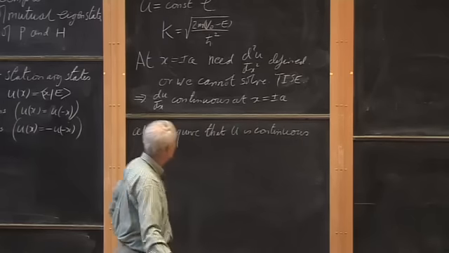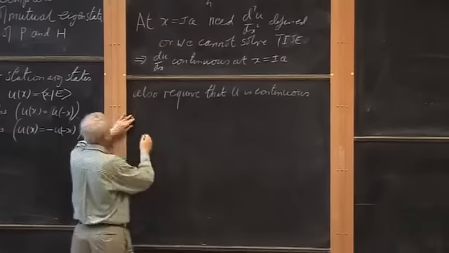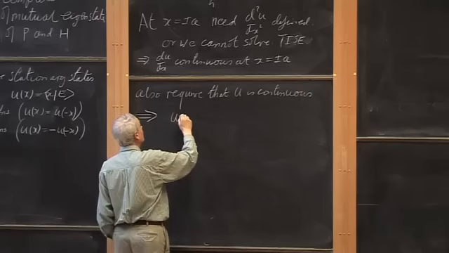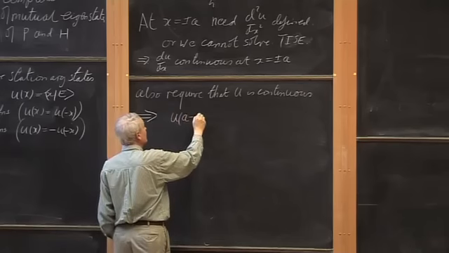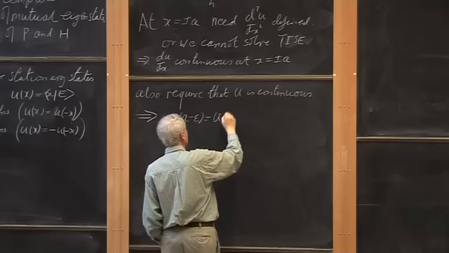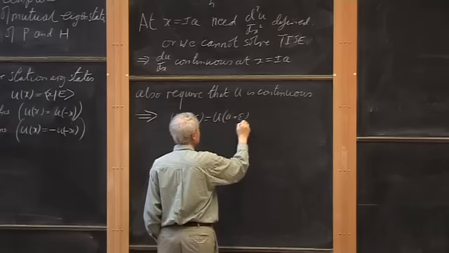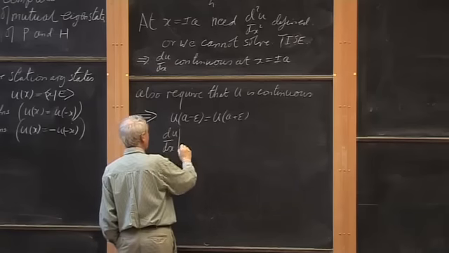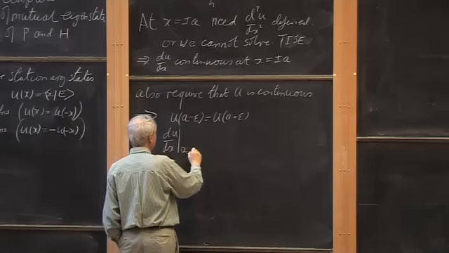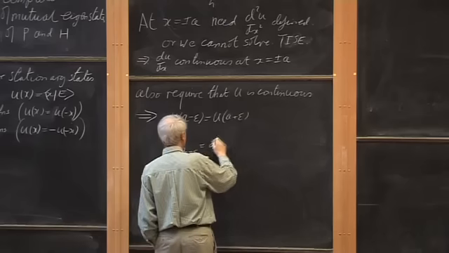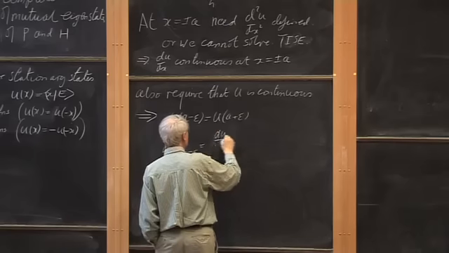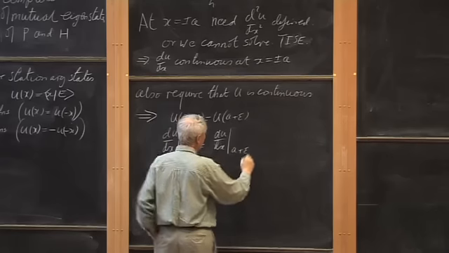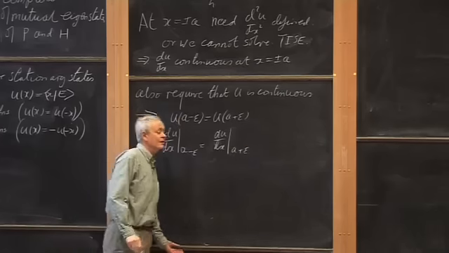So we have to insist that U of A minus some tiny bit is equal to U of A plus some tiny bit, and we have to insist that du/dx evaluated at A minus a tiny bit is equal to du/dx evaluated at A plus a tiny bit, called epsilon.